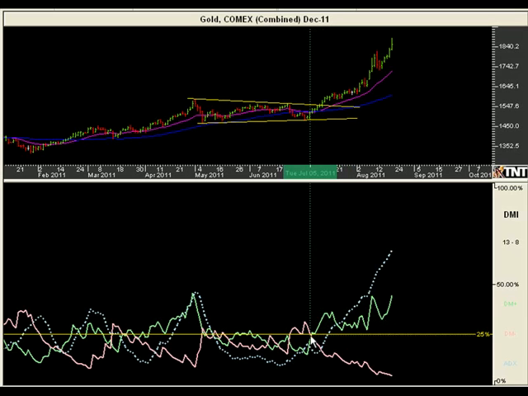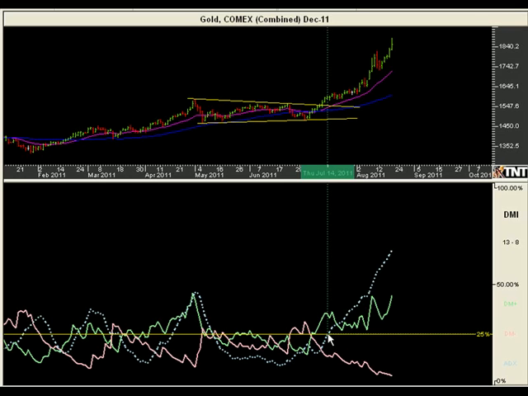Now notice too, when this crossover occurred and the bulls finally took control by trading higher than the previous peak that the bears had formed, ADX was also on a very sharp incline. Even though it had not yet traded above the 25% region, it was still a very good indication that there was some serious momentum building to the upside, and that perhaps we should be on the alert for a buying opportunity.